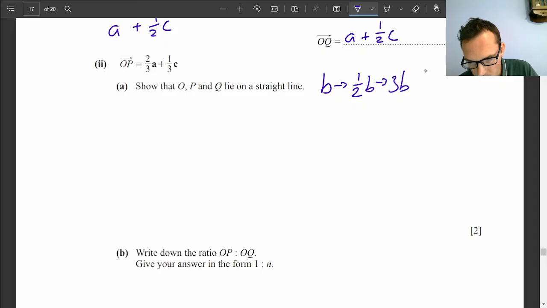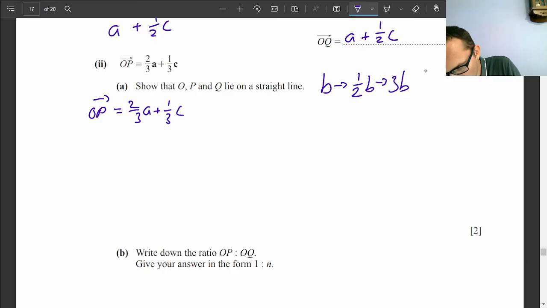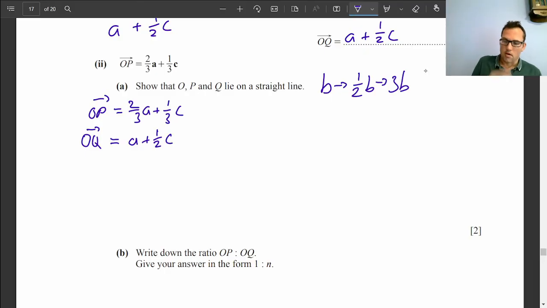Okay, we got OP, which is 2/3 a plus 1/3 c. We got OQ, they are all part of the line OPQ, which is a plus a half c. Now we say if they are multiples of each other, then they will be in a straight line.